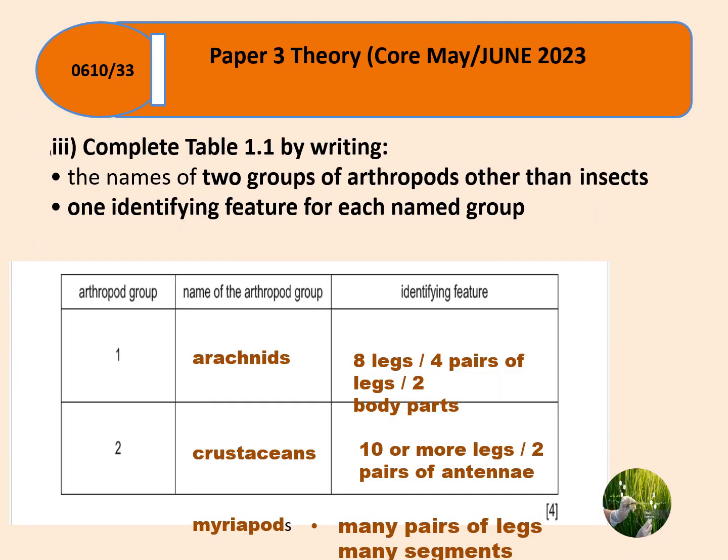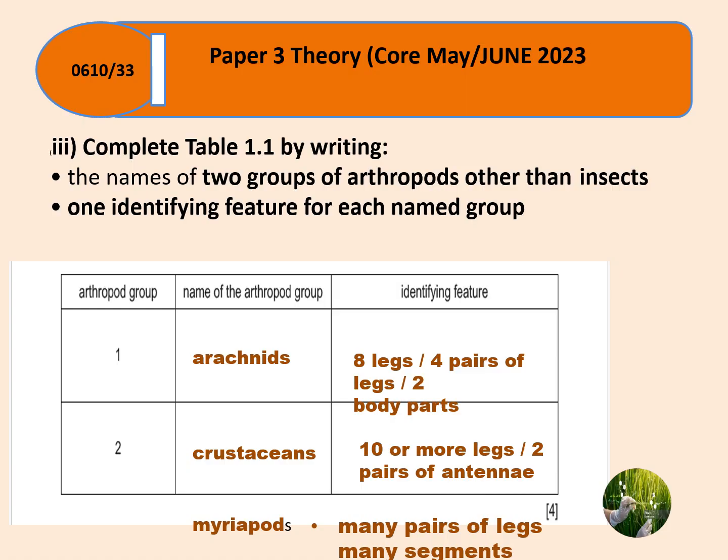Part 3 of the same question. Complete table 1.1 by writing, the first one is names of 2 groups of arthropods other than insects. Second one is one identifying feature for each named group. So you have the other groups: arachnids, crustaceans or myriapods.